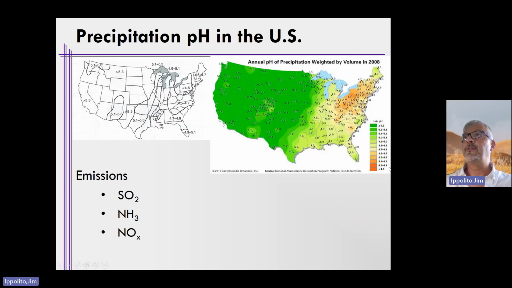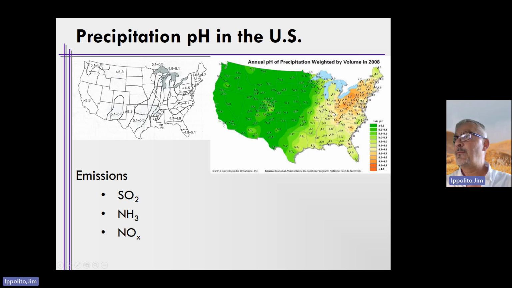So here's a precipitation map and a pH map overlaid on top of one another across the US. And you'll notice, depending on which figure you're looking at, pH values can be greater than 5.3, 5.1 to 5.3, 4.5 to 4.7.